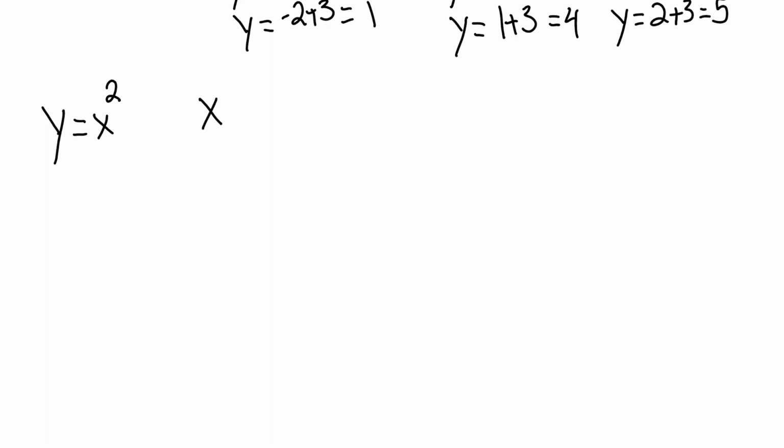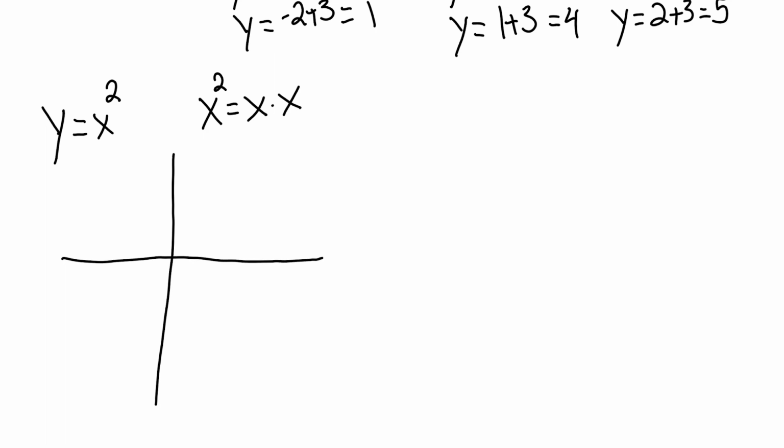So remember, in x squared, this 2 is an exponent, so this means x times x. So this is telling you how many times you're multiplying it by itself. Okay. So I'll go ahead and put the graph over here. Let me try to draw that a little better. And we'll make 5 tick marks this time.